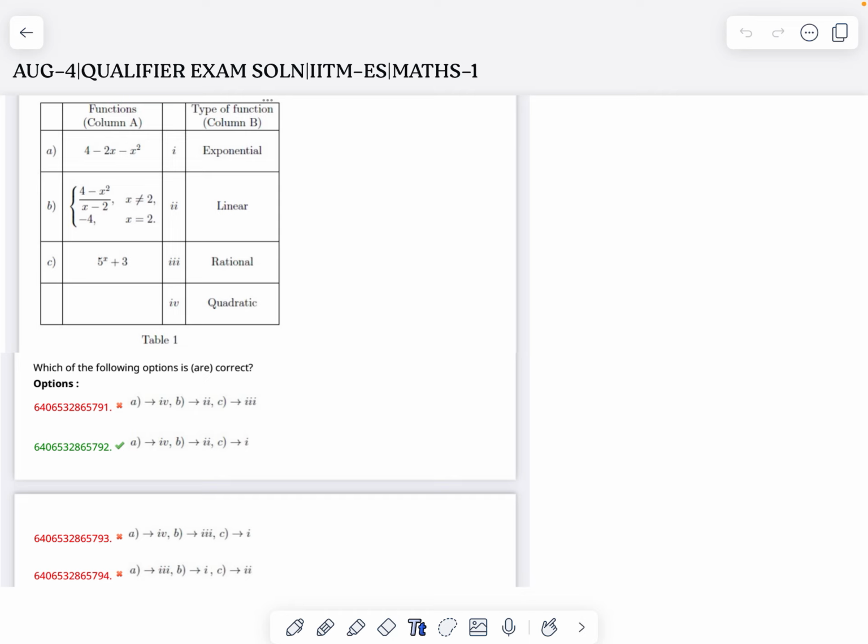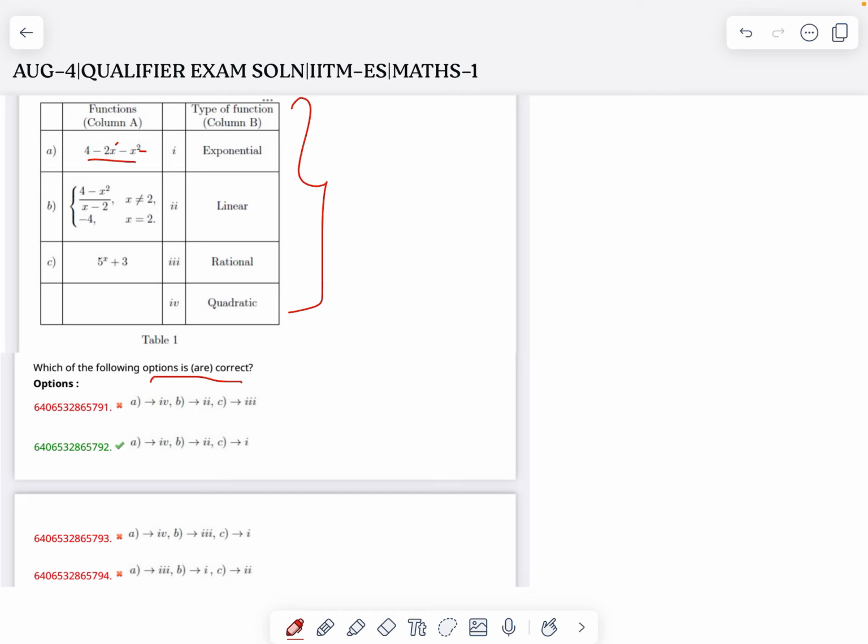Alright, so this is the question they asked. They are asking which of the following options are correct, and they have given a particular table. If you look at this correctly, it's a quadratic equation. The higher power is 2, then x power 1, then one constant, that is minus 4.